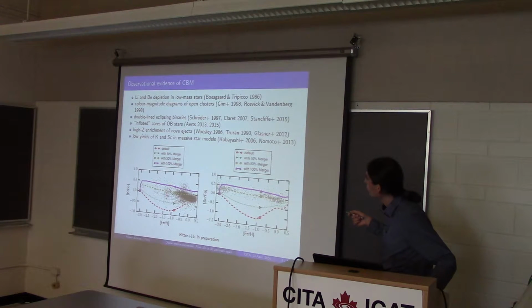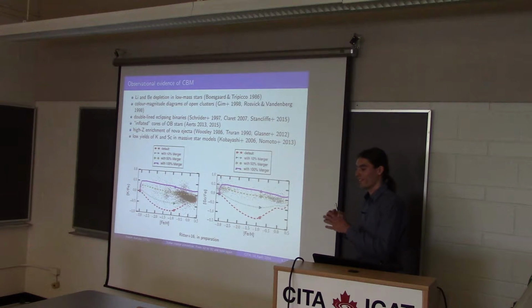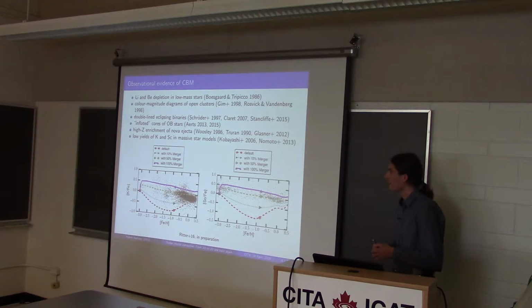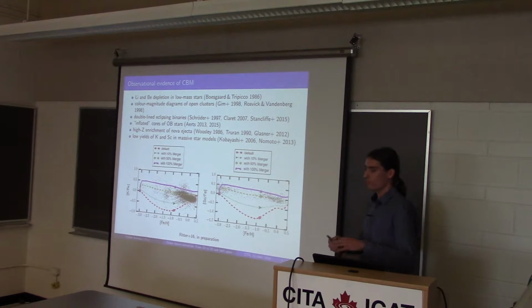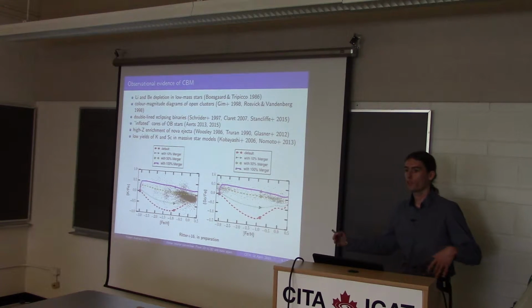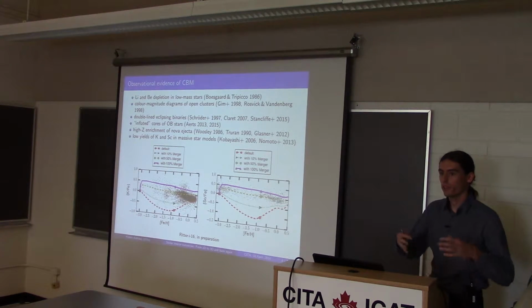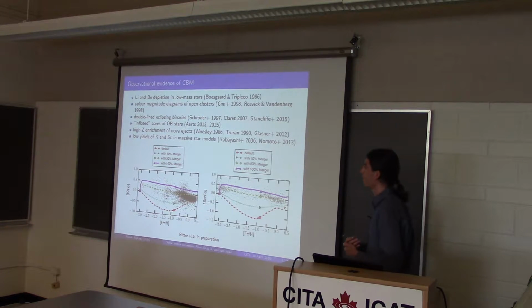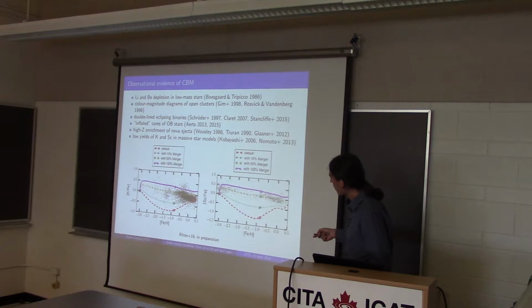And the last thing that I want to mention is not that much of a direct evidence for convective boundary mixing, but this is relevant to the rest of the talk. It turns out that if you take models of massive stars, then they don't produce enough potassium and scandium, so that if you take these models and put their yields into a galactic chemical evolution model, then you get curves like this.